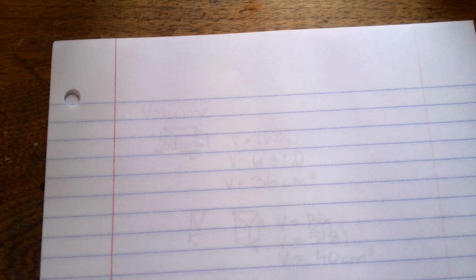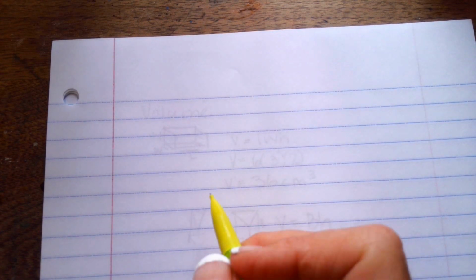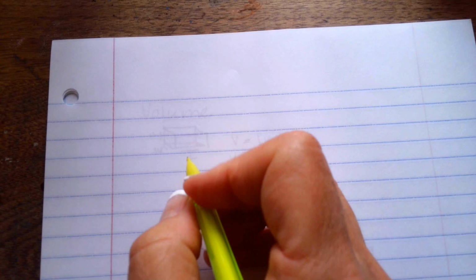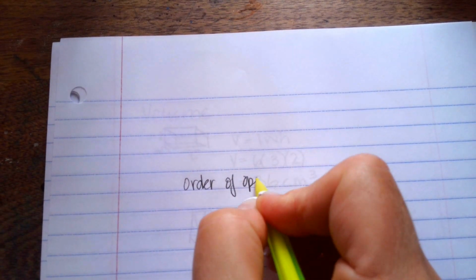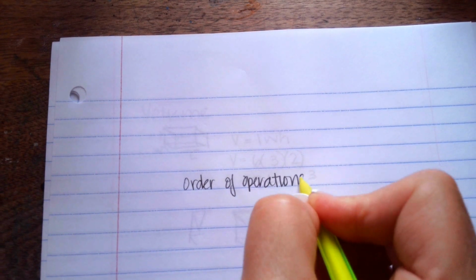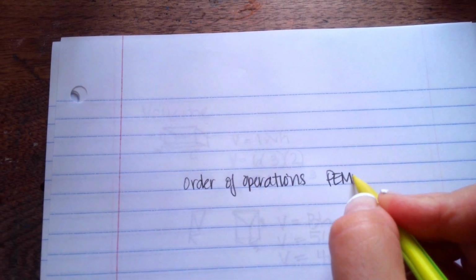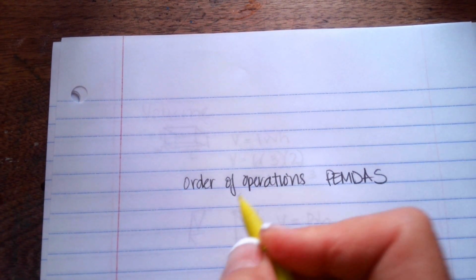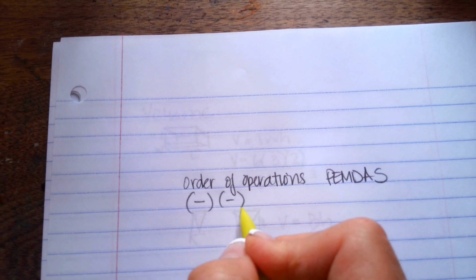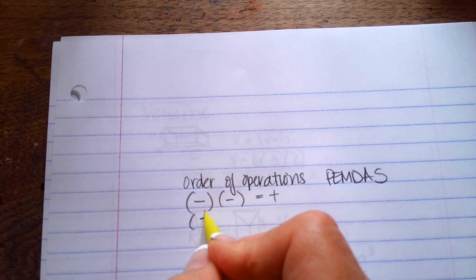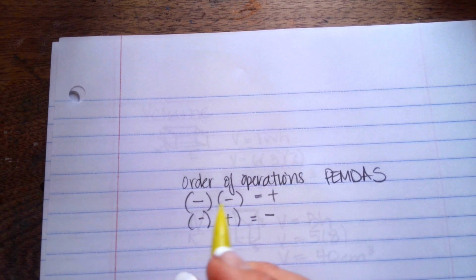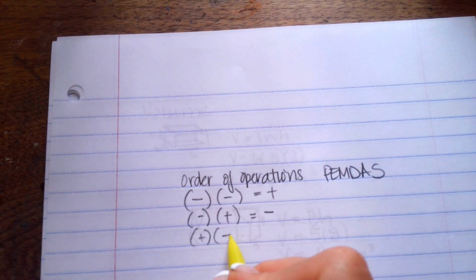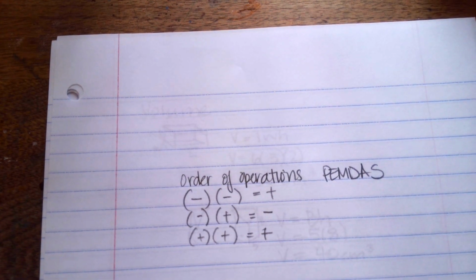And then we're just going to go over some algebra things. So order of operations. We do PEMDAS. A negative times a negative equals a positive. A negative times a positive equals a negative. A positive and a positive equal a positive.